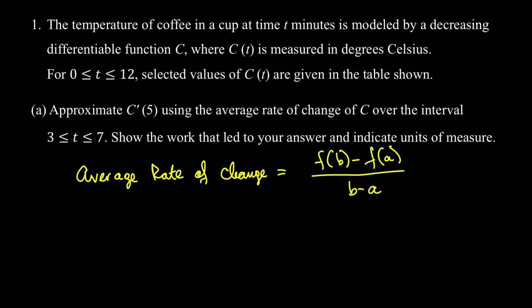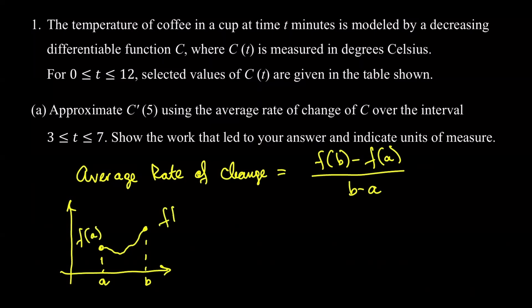Graphically, if this is our function, this is point a, this is point b, and this is f of a, f of b, then the average rate of change is given by the slope of the line which connects the endpoints, f of a and f of b.